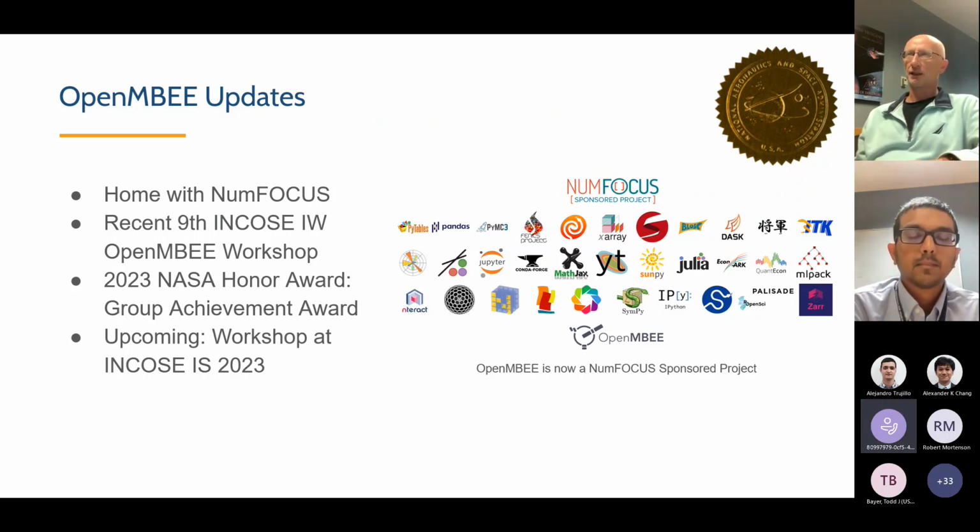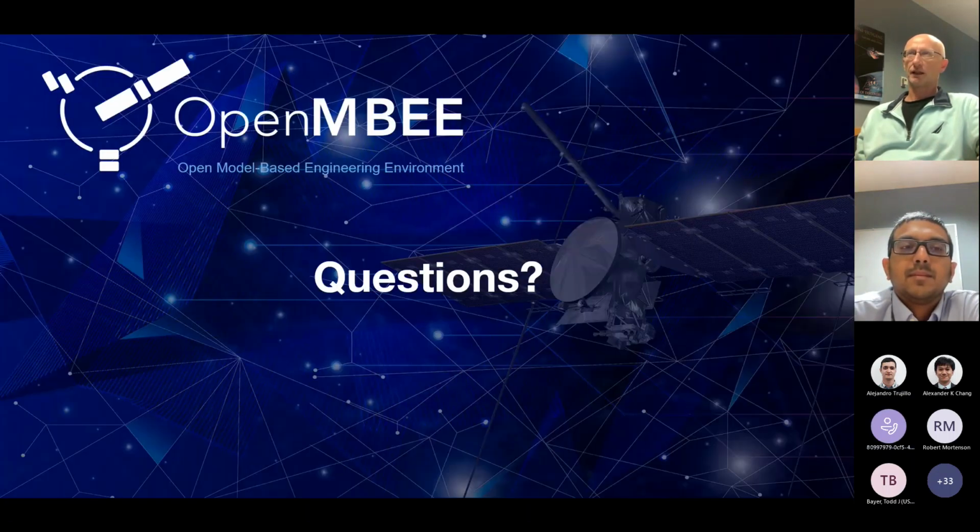We had our 9th OpenMBEE workshop in January, and just last week we got the Group Achievement Award from the NASA Honor Awards, and there will be a ceremony in the next couple of weeks. That's very exciting. And we are currently planning for the upcoming workshop at INCOSE IS, which happens in July. So look out for that if you're interested.